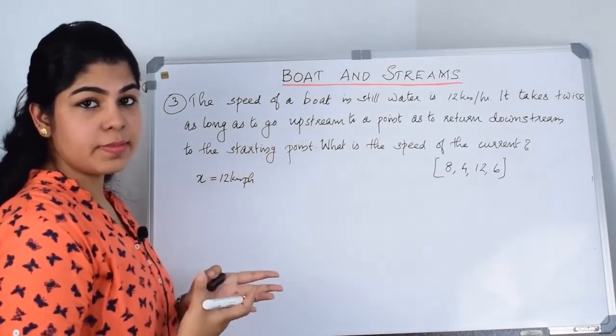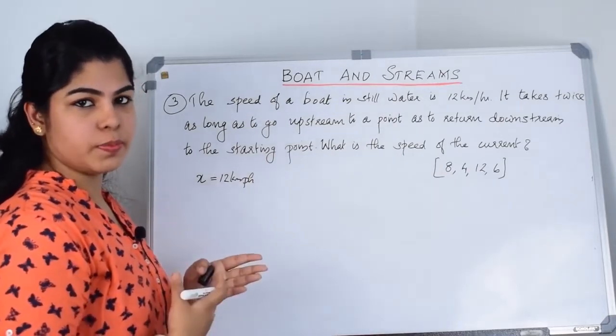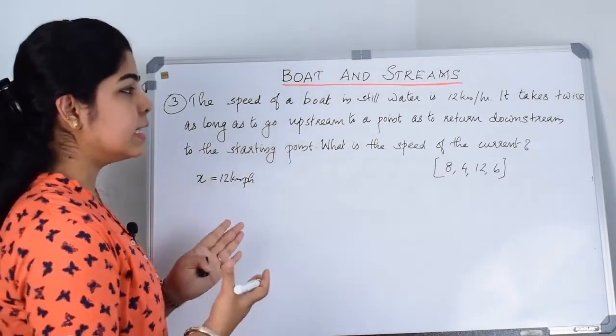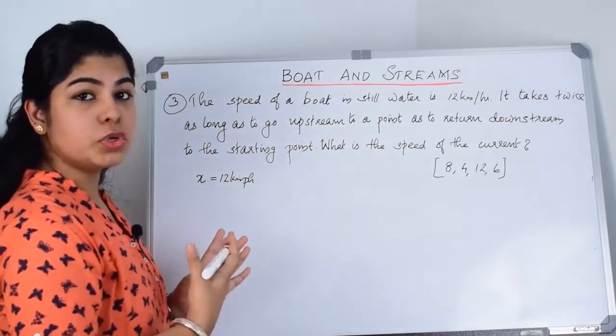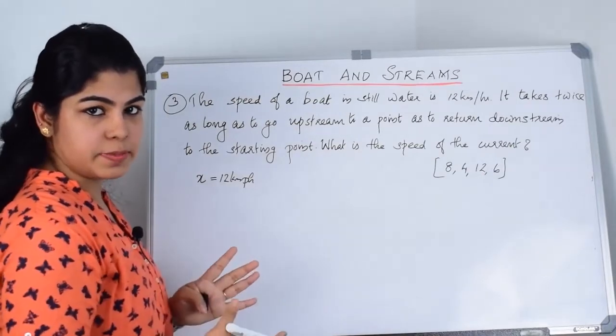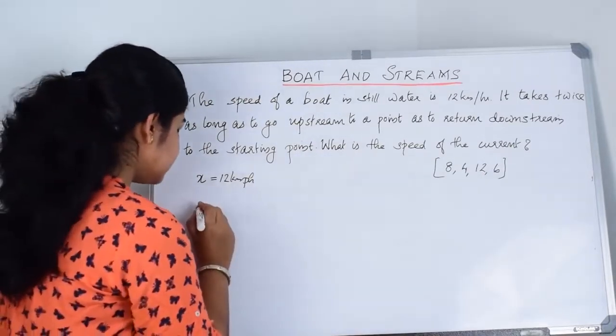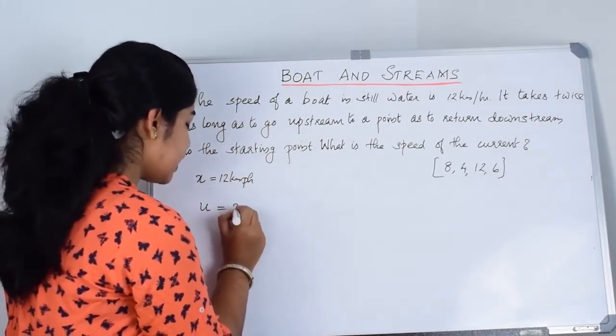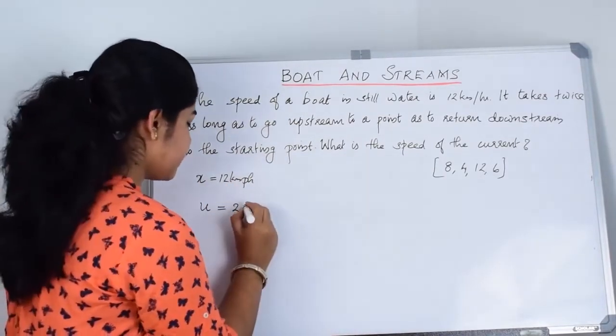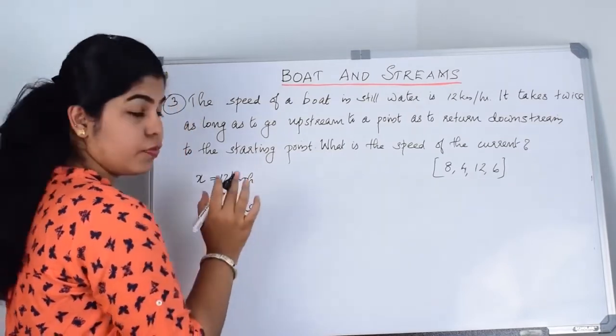You know that time and speed are inversely proportional. So we can take it as the speed taken by downstream case is twice that of the speed taken by upstream case. So you can write it as u, which is downstream speed, is twice that of upstream speed, that is twice that of v.